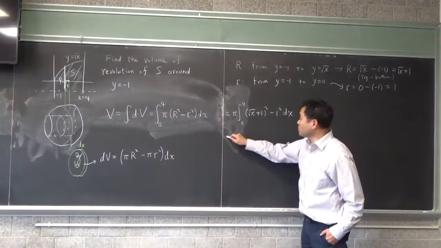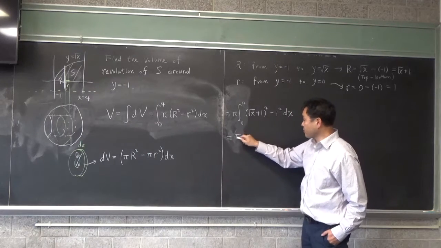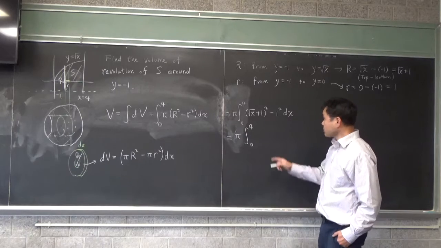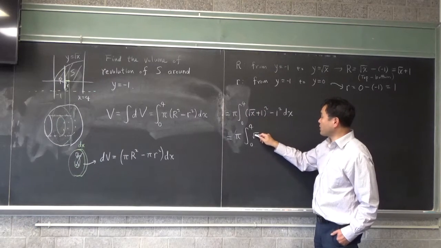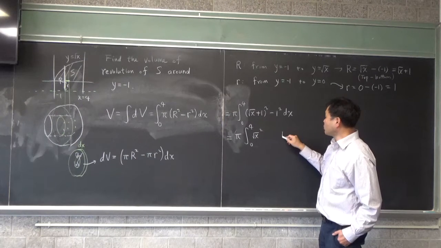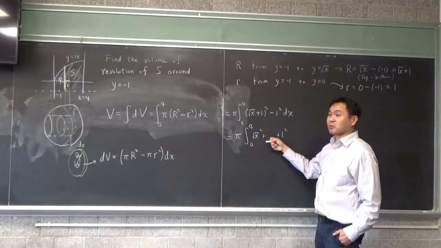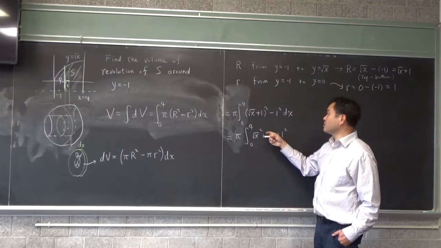Now you can compute this. This is ready to be integrated, right? If you square this, it's the square of square root of x and the square of 1. But there's something extra, right? What is that extra? 2 root x.